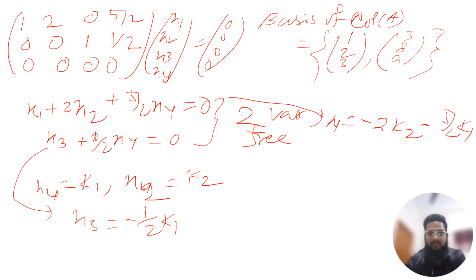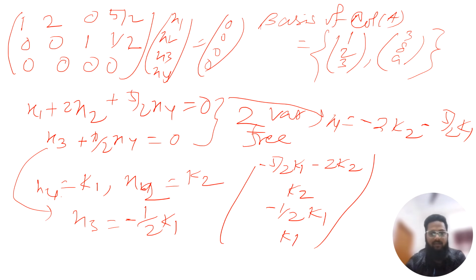So if you write the solutions you will get minus 5 by 2 k1 minus 2 k2, this is the x1 value, x2 value is k2 only, x3 is minus 1 by 2 k1 and x4 is k1.